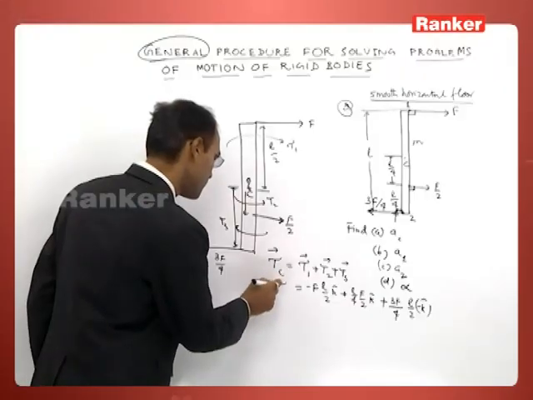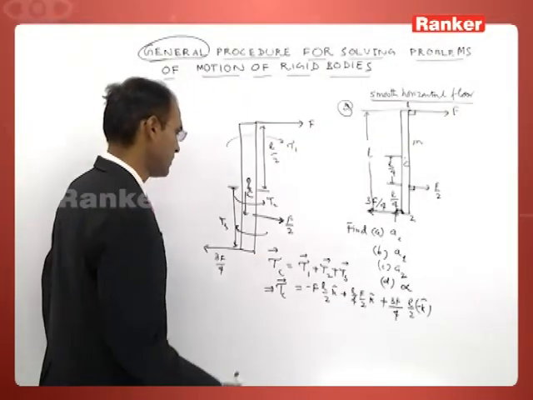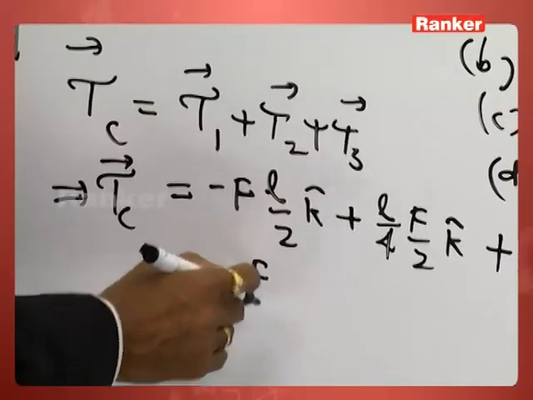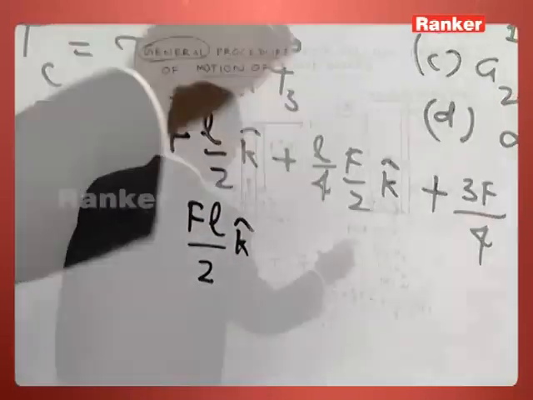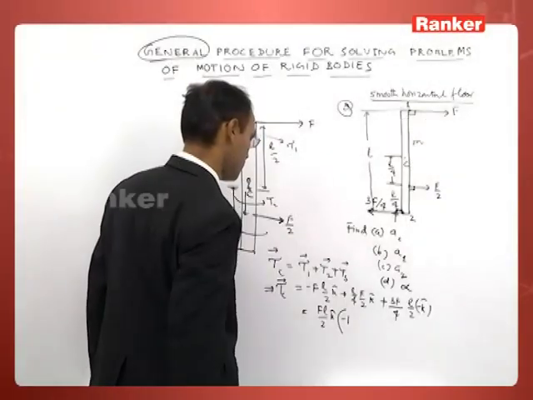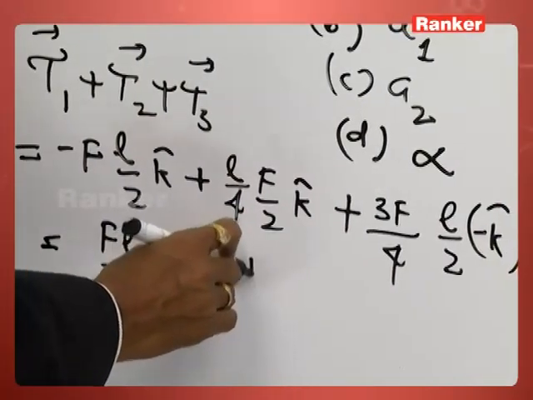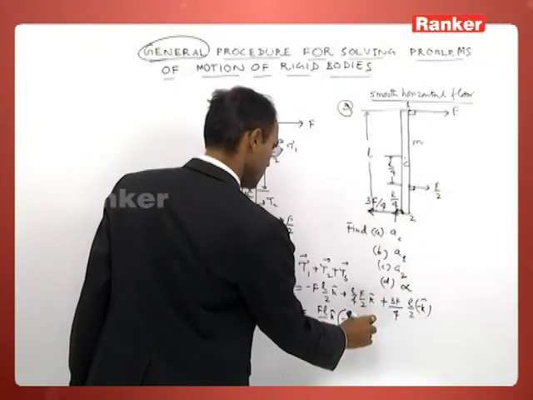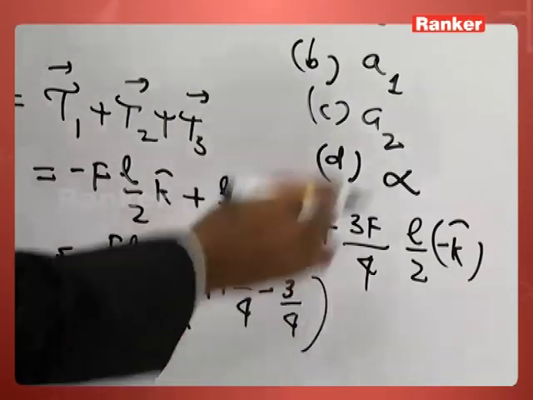So the net torque with respect to the center of mass is equal to FL/2 k cap times (-1 plus 1/4 minus 3/4).